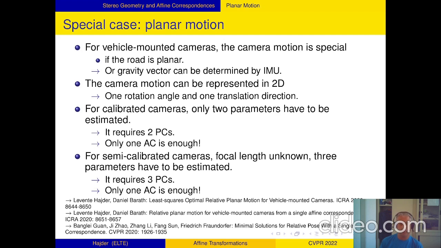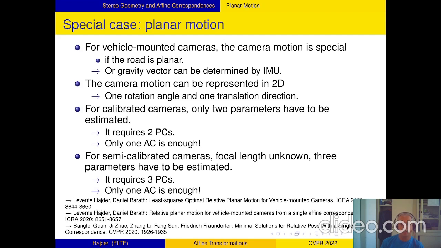So there are only 2 parameters to be estimated, and an affine correspondence gives 3 equations for the essential matrix estimation. For the pose estimation, a single affine correspondence is enough. For the point correspondence based solutions, at least 2 points are required.